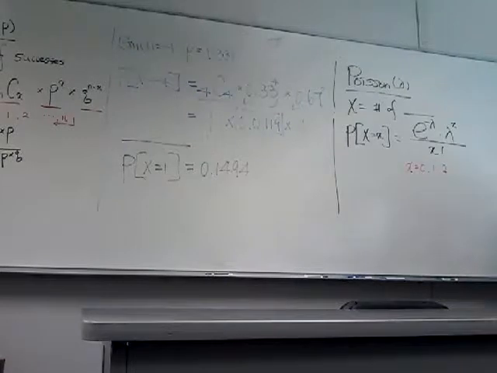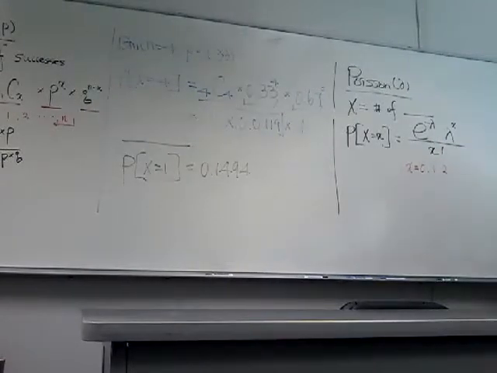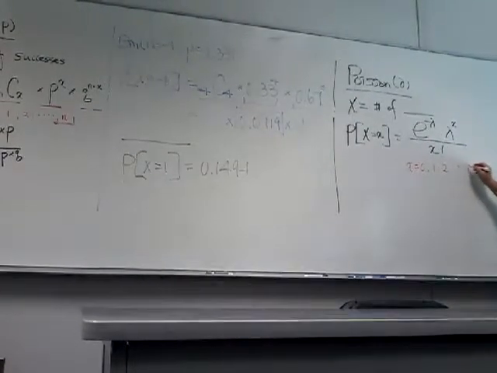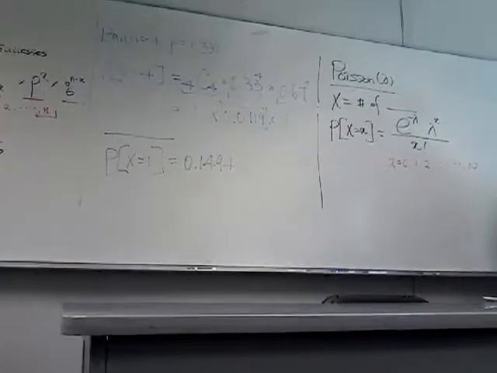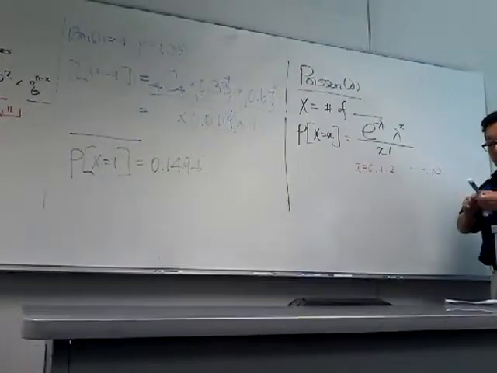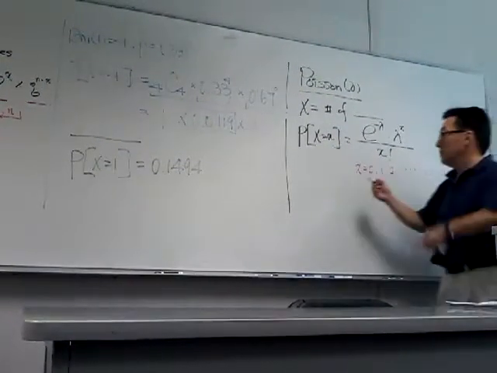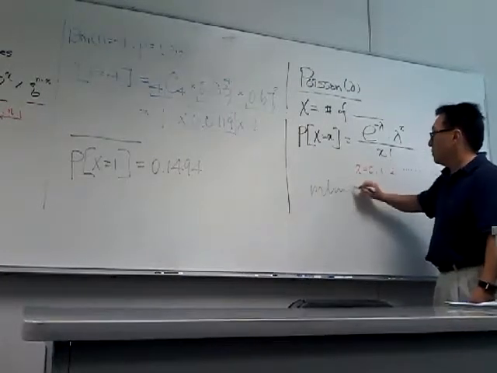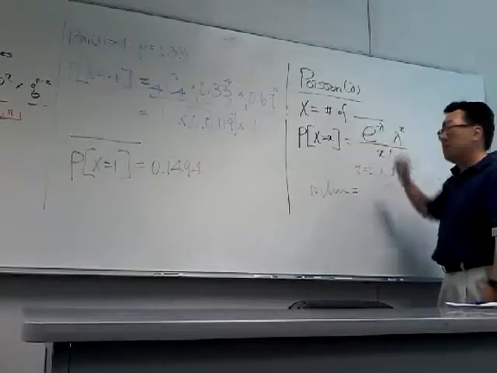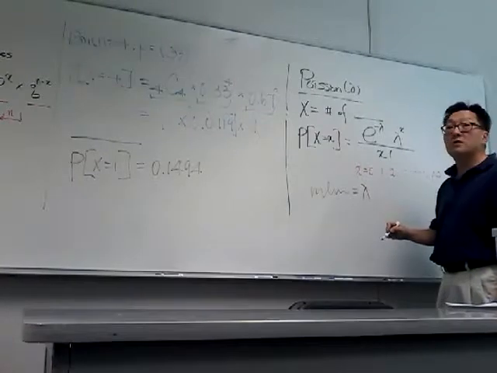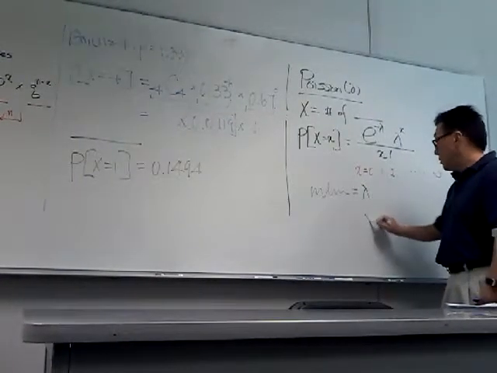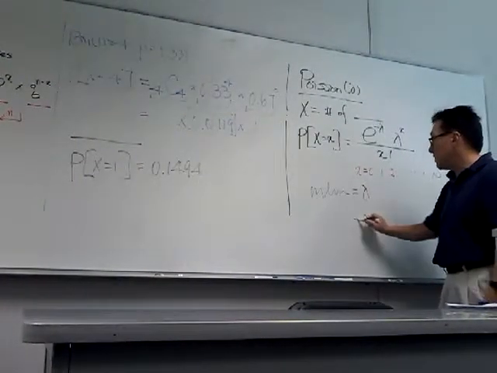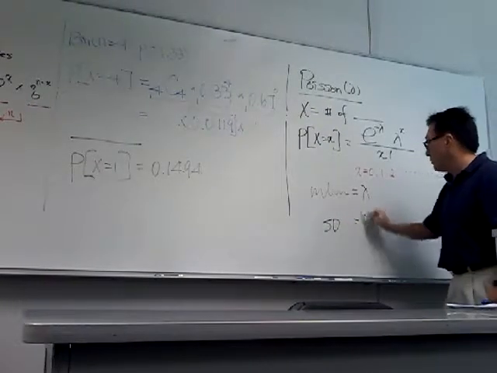It is the same as the binomial: 0, 1, 2, up to positive infinity. How much was the mean? The lambda. How much was the variance? Lambda too. So for the standard deviation, we have to take the square root of it.